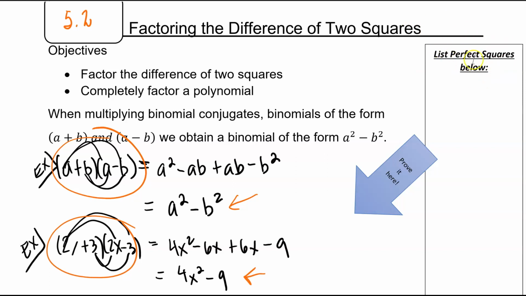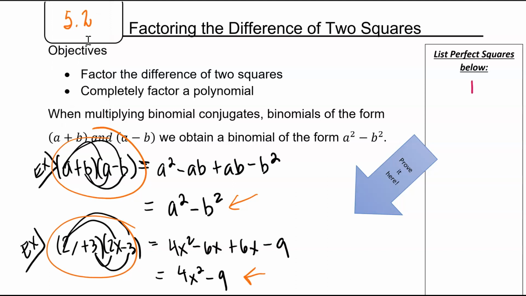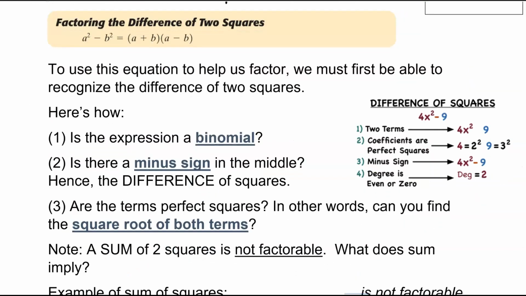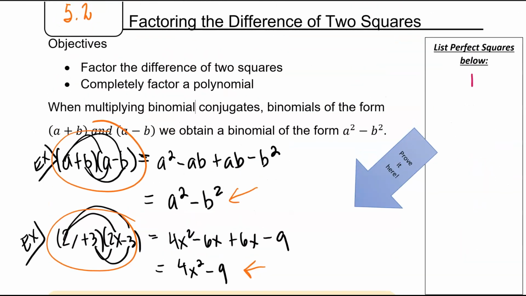So let's go over here to the right and write down the list. 1 is our first perfect square, because 1 times 1 is 1, or 1 squared is 1. 2 squared equals 4, so 4 is a perfect square.